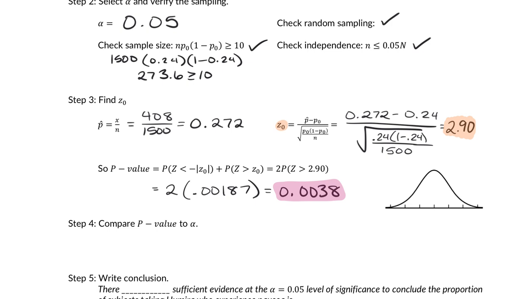Miss, I got 3 something. What's the decimal after that? I got 0.0037. I don't have a calculator over here. 18.7 times 2. Did everybody else also get that?